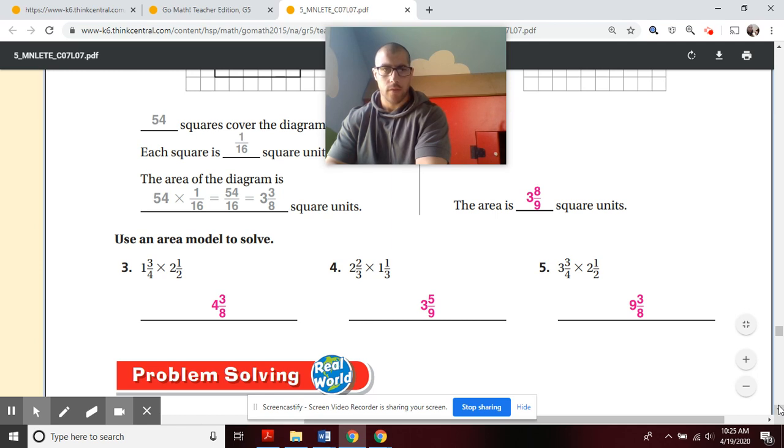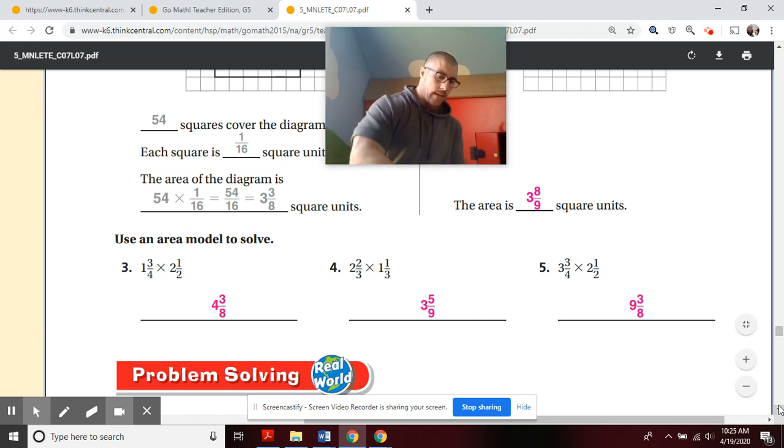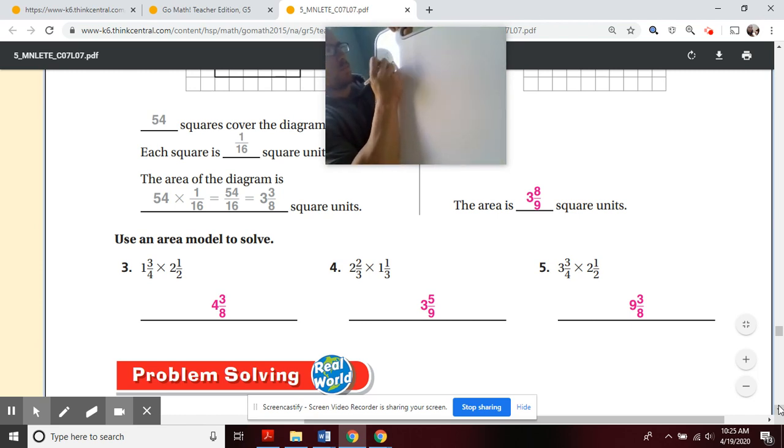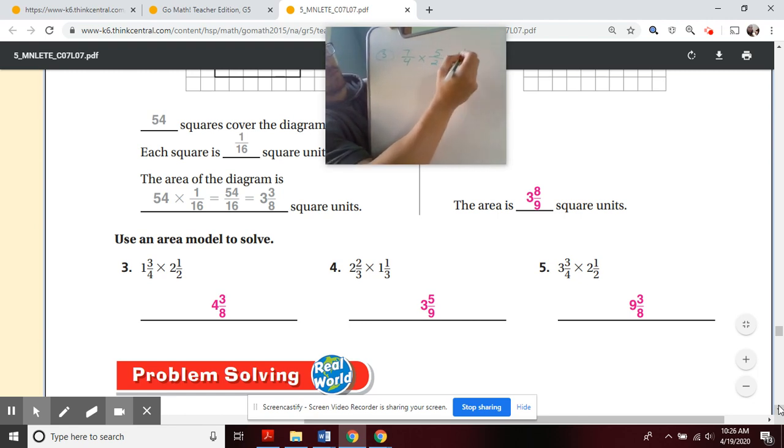So if we look at that, 7 times 5 is 35. 4 times 2 is 8. If you do your long division, 8 goes into 35 4 times with the remainder of 3. My denominator never changes.